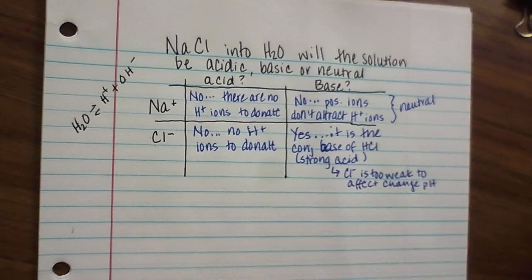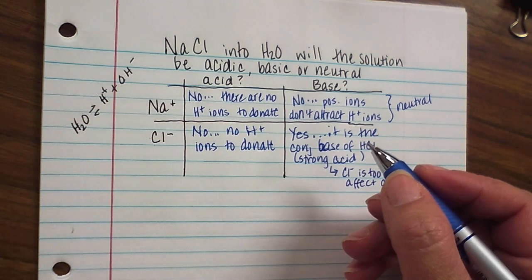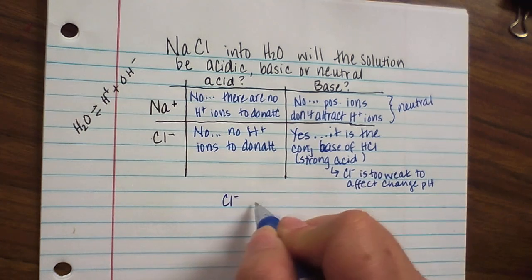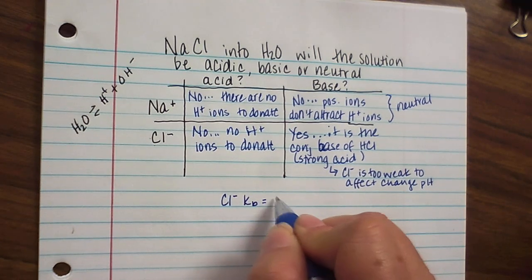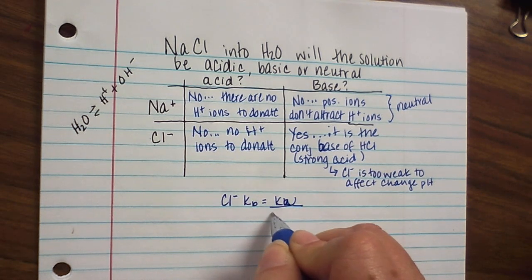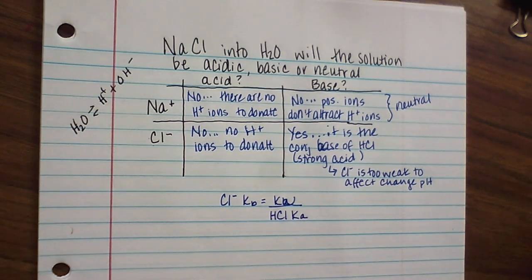All right, but here's the thing. Let's say that doesn't make sense and you want more. So let's do more. So the Kb of Cl- is equal to the Kw over the HCl Ka. Everybody okay with that? So the Kb of the base is equal to the Kw over the Ka of the acid.